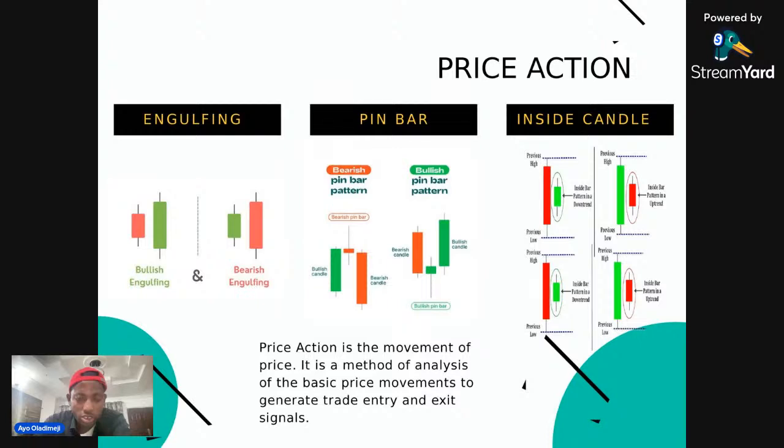To be valid, it has to happen at a high level of the market.